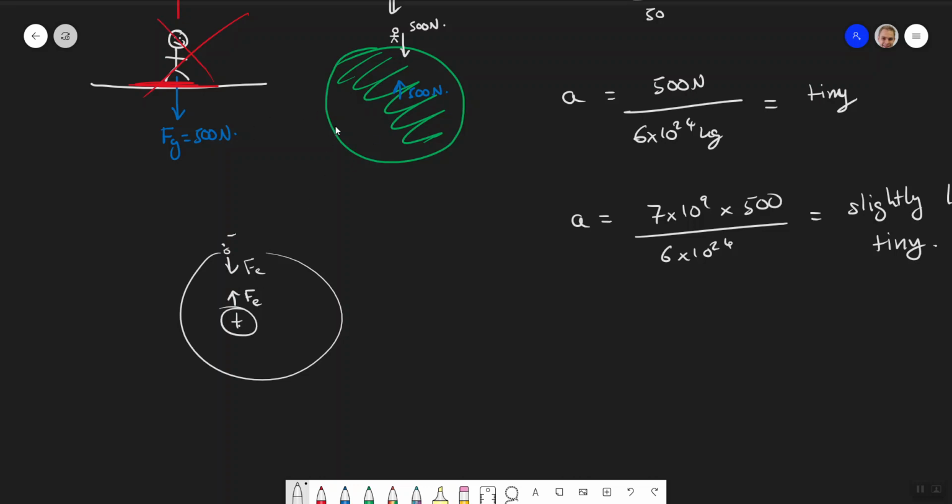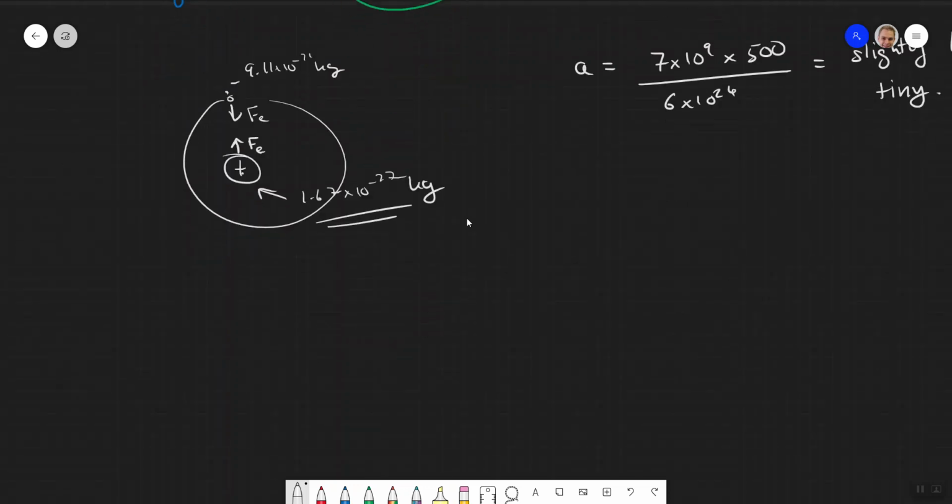But much like the Earth, why doesn't the nucleus itself move? Well, the electron has a tiny mass, 9.11 times 10 to the minus 31 kilograms, whereas even a single proton is about 2,000 times more massive. The mass of a single proton is 1.67 times 10 to the minus 27 kilograms. So that's the difference between the two.